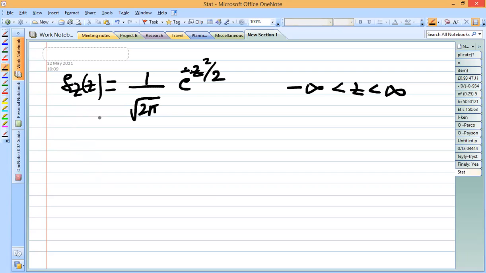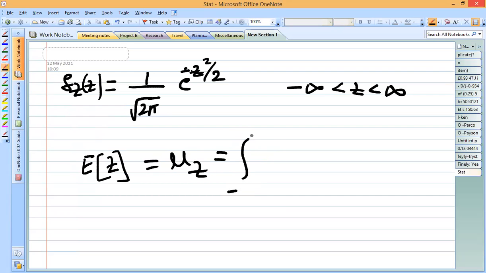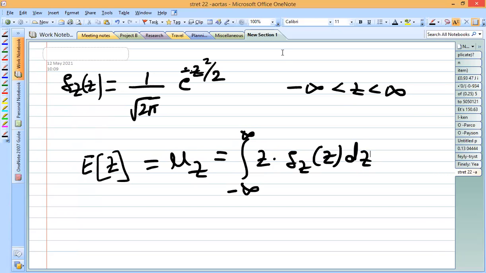Given this PDF, we can be asked to calculate the mean. The mean is nothing but the expectation of the random variable z about the origin, represented as mu z. The Gaussian random variable is also taken as continuous, so again we go with the integral, minus infinity to plus infinity, z into fz of z, integrated with respect to z.